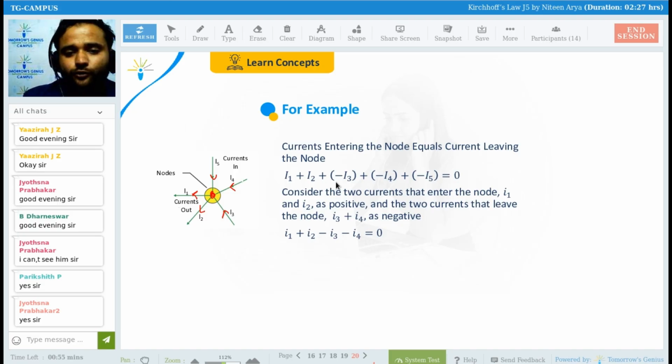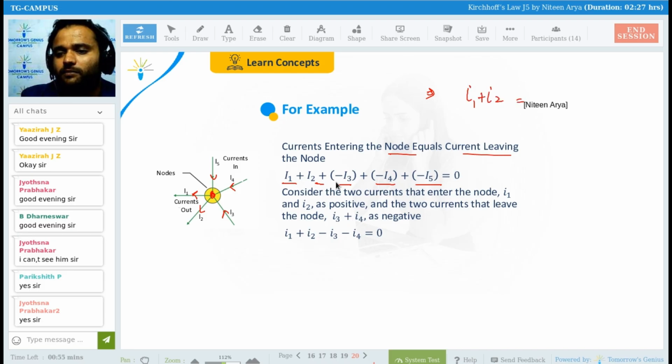The current going inward to the node is taken as negative. So current entering the node equals the current leaving the node: I1 plus I2 minus I3 minus I4 minus I5 equals 0. In this way, I1 plus I2 is nothing but I3 plus I4 plus I5.